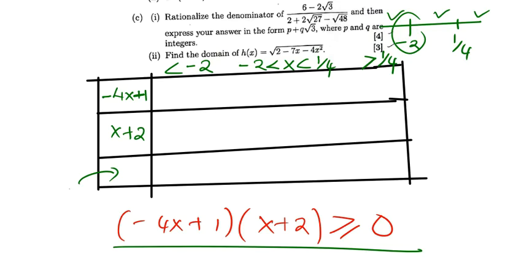So these are the ones that we're trying out. Any value that is less than negative 2, you can try negative 3.